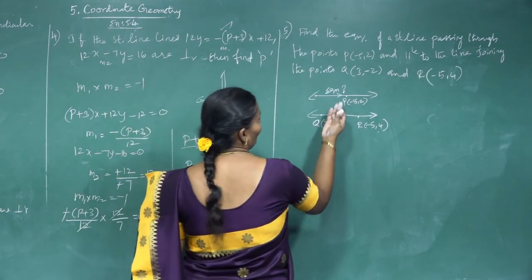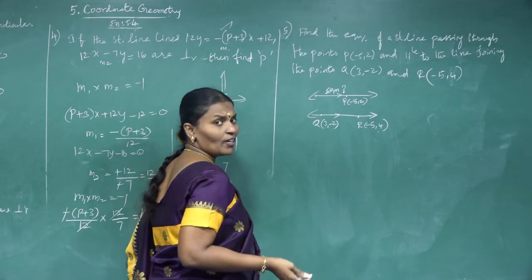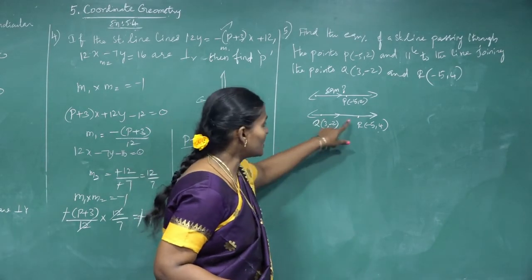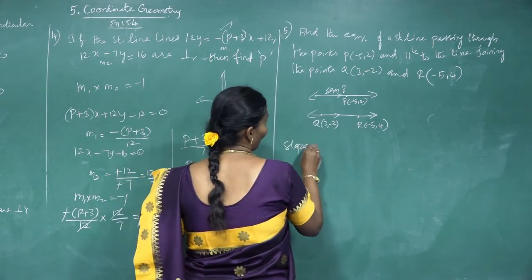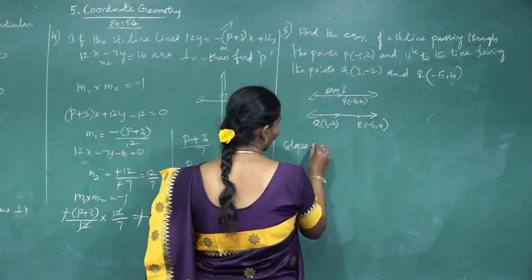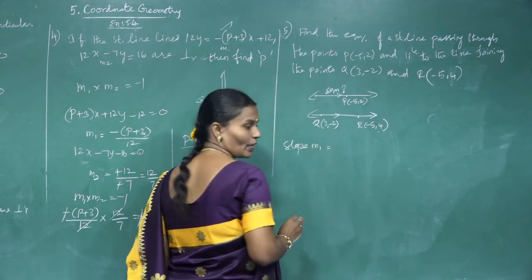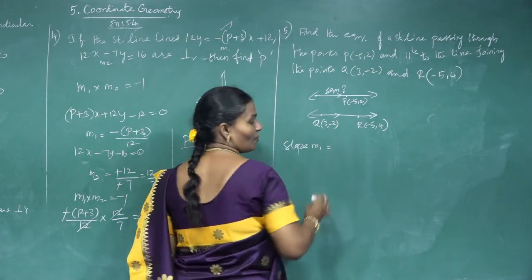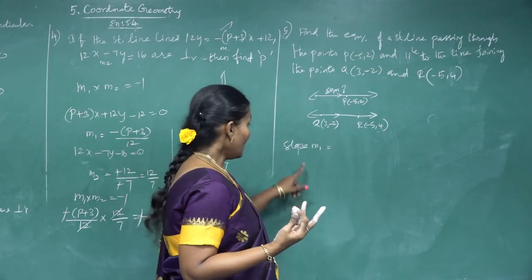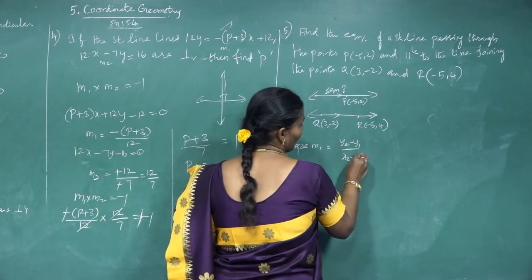How do you find it? See here, for the parallel line, 2 points are given. You can find the slope of this line QR. Consider this line slope is m1. Here 2 points are given, so what is the formula for finding the slope? That is y2 minus y1 by x2 minus x1.